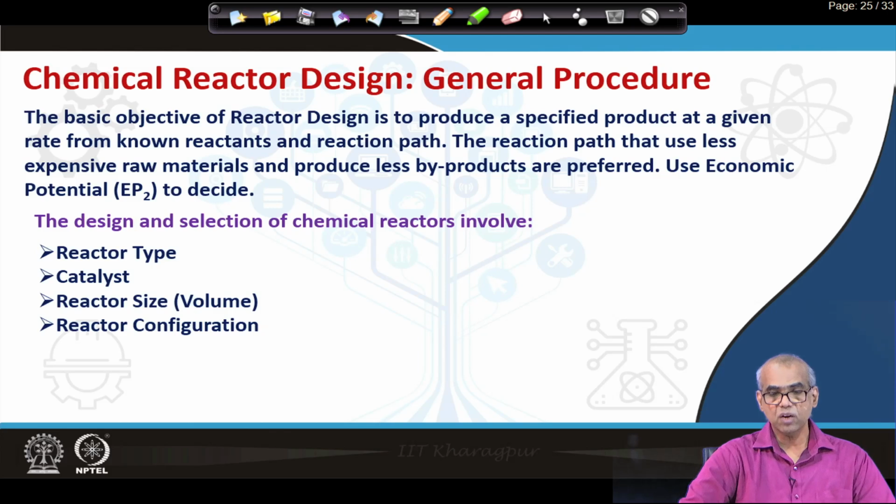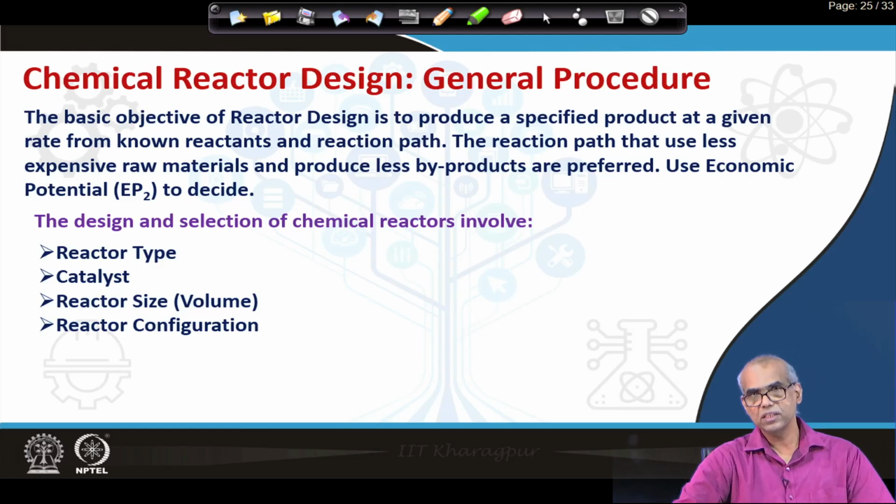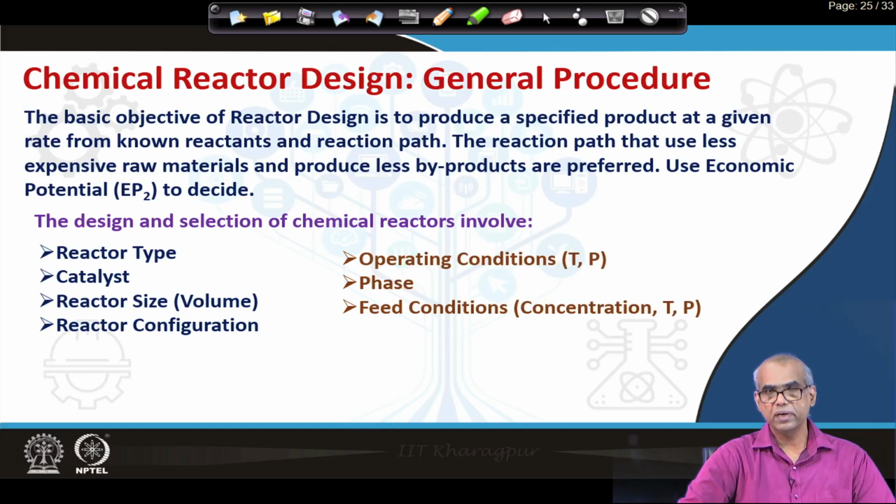The design and selection of chemical reactors involve reactor type, catalyst, reactor size or volume, reactor configurations, operating conditions such as temperature, pressure, phase, feed conditions, that is concentration, temperature, pressure of feed.